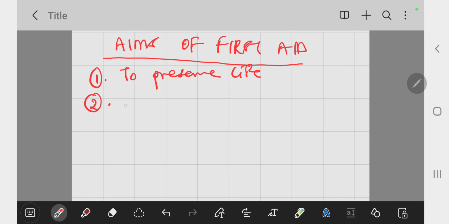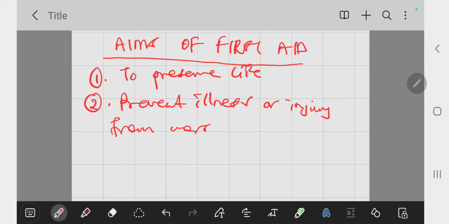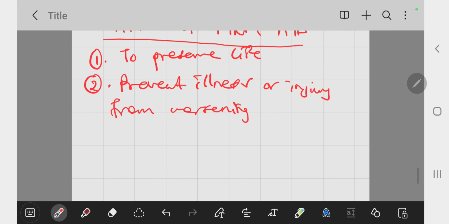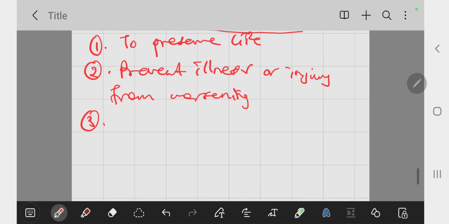Number two is to prevent illness or injury from worsening. Number three is to promote recovery. If you can give these three points, then you are home and dry: to preserve life, prevent illness or injury from worsening, and to promote recovery.